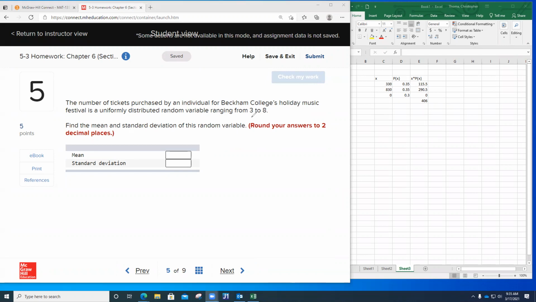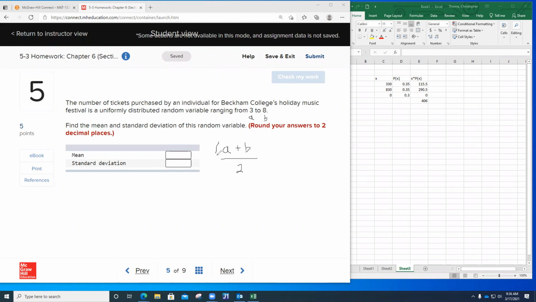Uniform distribution, the first number is what we call the letter A. The second number is what we call the letter B, right? So to find the mean, the formula is A plus B over 2. So the mean formula is A plus B divided by 2.